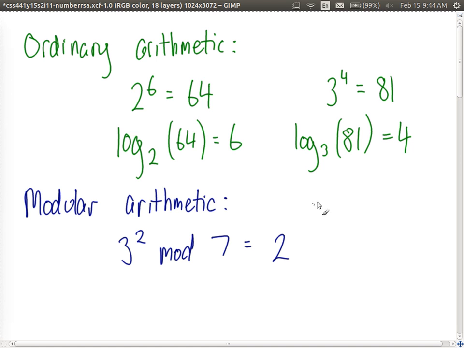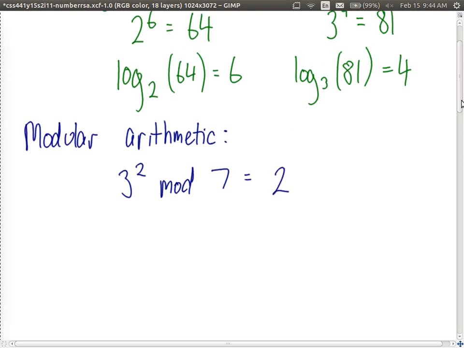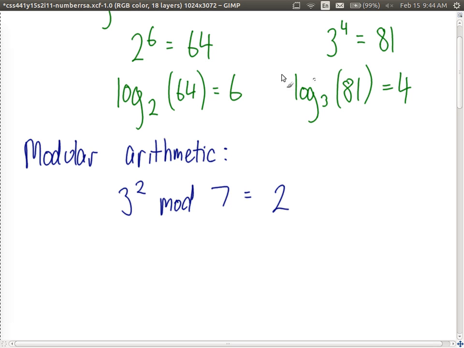What about logarithms? Well, using the same concept, the base is 3. Now we've added another number here. We don't have 3 numbers, we now have 4. We also have the modulus.